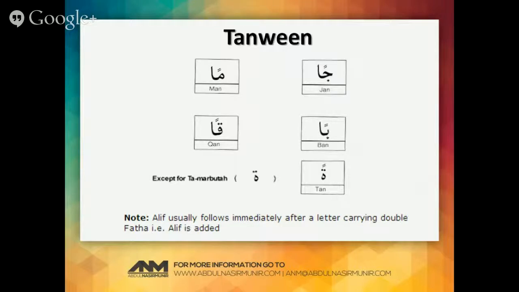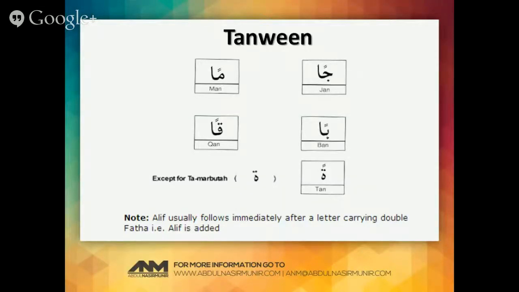Ta marbuta is a letter ta, and when it's written in this shape, we leave it like this; there will be no alif written afterwards. Every other letter from alif to ya will have alif if there's a fathatain. It's nothing to do with kasratain or dhammatain, only fathatain.